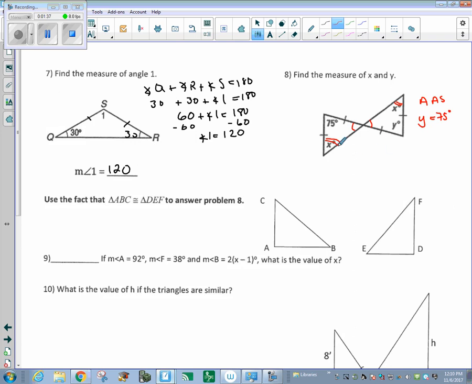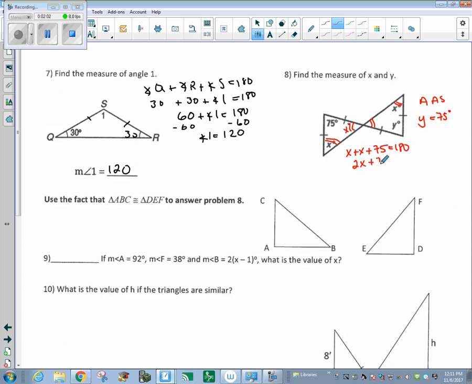And then I noticed that I've got an isosceles triangle, so this angle here must be congruent to that angle, which makes these two congruent. So looking at this triangle, the measure of that angle must be x as well. So I'm going to be able to say that x plus x plus 75 will equal 180, since all the angles inside a triangle add up to 180.